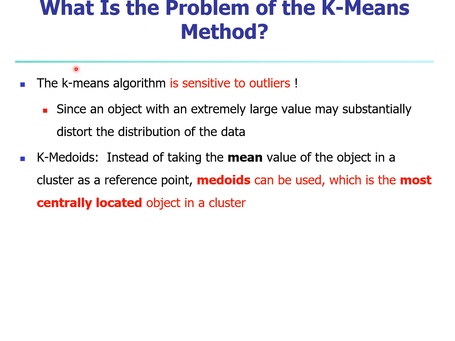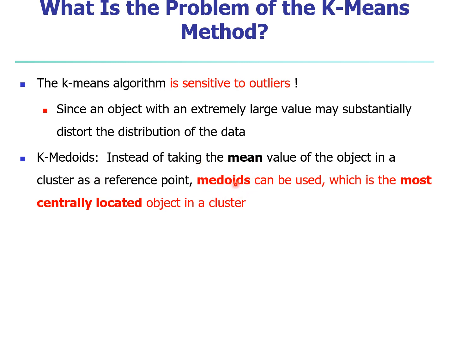What is the problem of the k-means method? As I said, it's sensitivity to outliers. An object with an extremely large value can easily distort your calculations, because you're calculating based on the means. However, if you use k-medoids, instead of taking the mean value of the objects in the cluster as reference points, you will be using medoids.